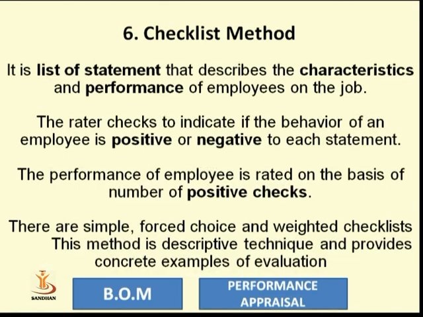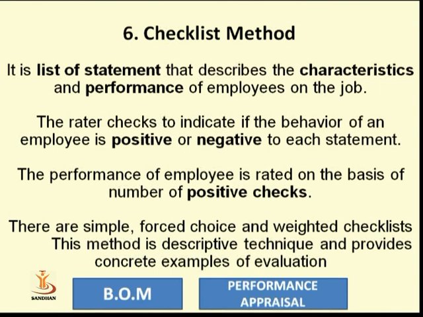Then the next traditional method used for measuring the performance of an employee in an organization is the checklist method. It is a list of statements that describes the characteristics and performance of employees on the job.